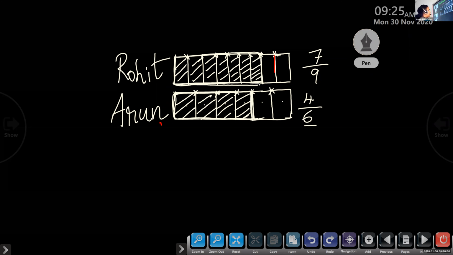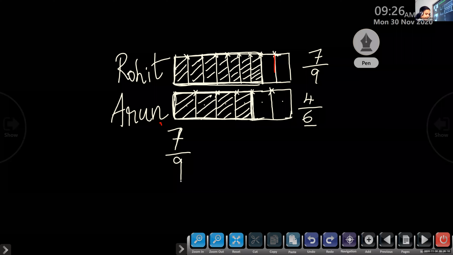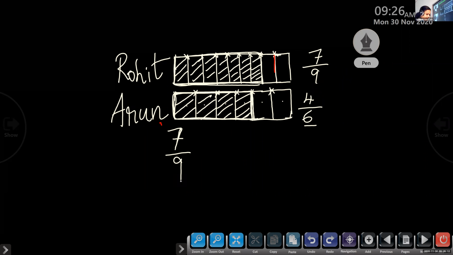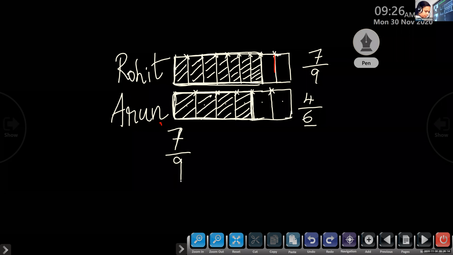So children, we can see from here clearly. So we will write in the next step, 7 by 9. That is, it is clearly from the picture we can understand 7 by 9 is greater than 4 by 6.